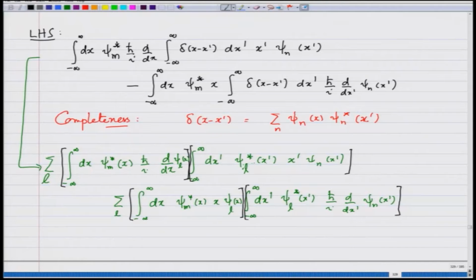This first term is like a matrix element with m and L indices. This term is also a matrix element with L and n indices. This is a matrix element with m L indices. This is a matrix element with L and n indices.